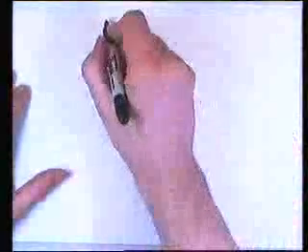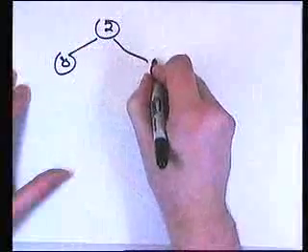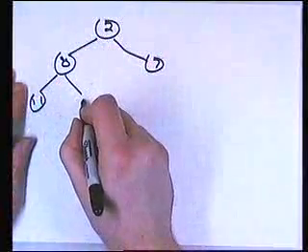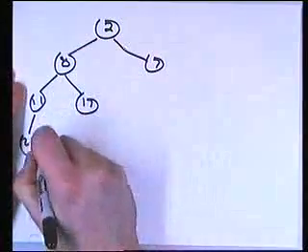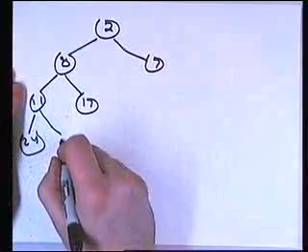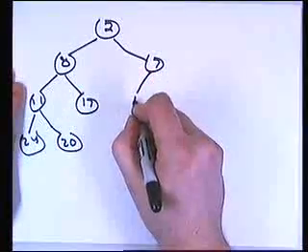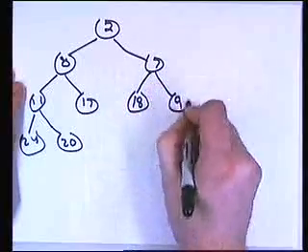We will say I have here 8, 7, 11, 17, 24, 20, and we have here 18 and 9.